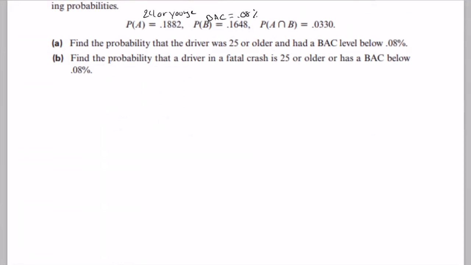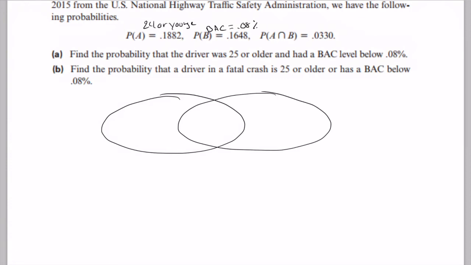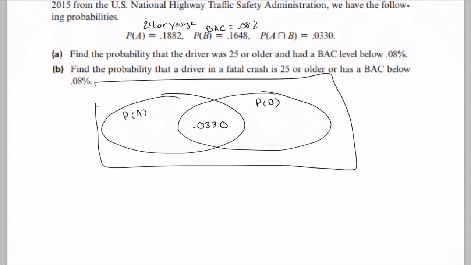So, to make this a little bit easier to read, let's do a Venn diagram. So this is P(A), this is P(B), and we know that both is 0.0330. Okay.